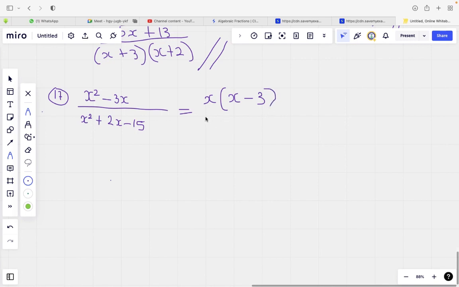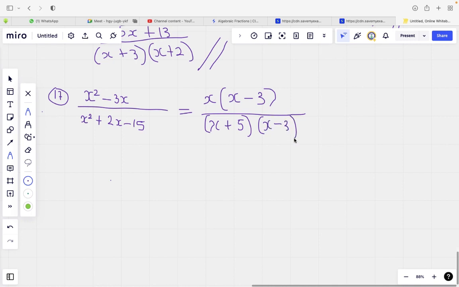So we close this bracket over the denominator. Two numbers that multiply to give 15 and add to give plus 2: 5 and negative 3, right? So you say x plus 5 in one bracket and x minus 3 in another bracket.